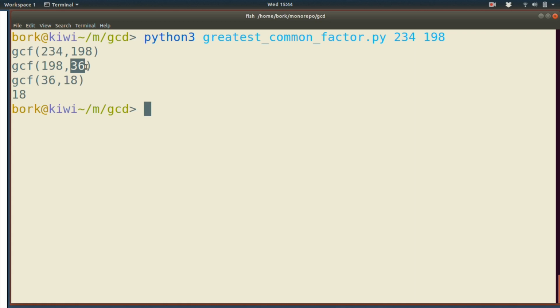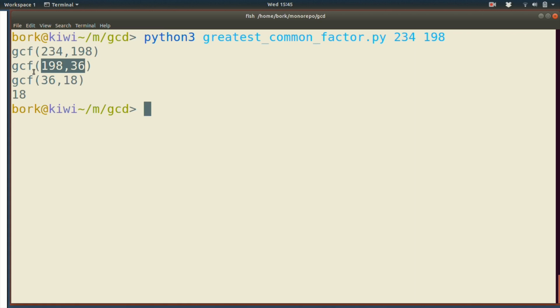But it's not clear yet why they should be the same, right? And further, that is the same as the greatest common factor of 36 and 18. And we believe that the greatest common factor of 36 and 18 is 18, because 36 is divisible by 18. But it's not really clear why either of these two steps is valid.